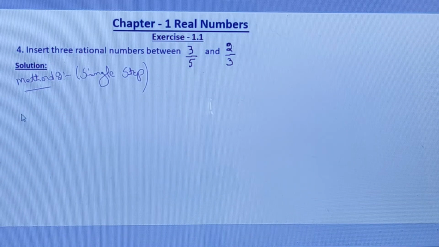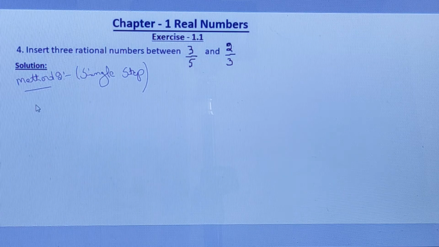In this method, that is single step, we rewrite the given rational numbers in such a way that they have the same denominator.